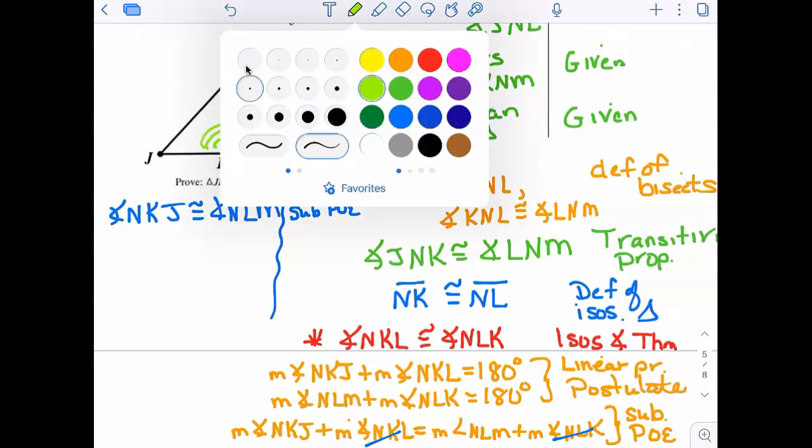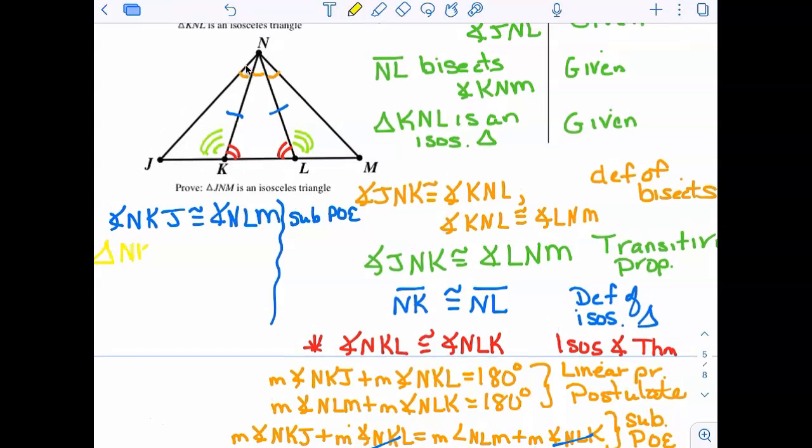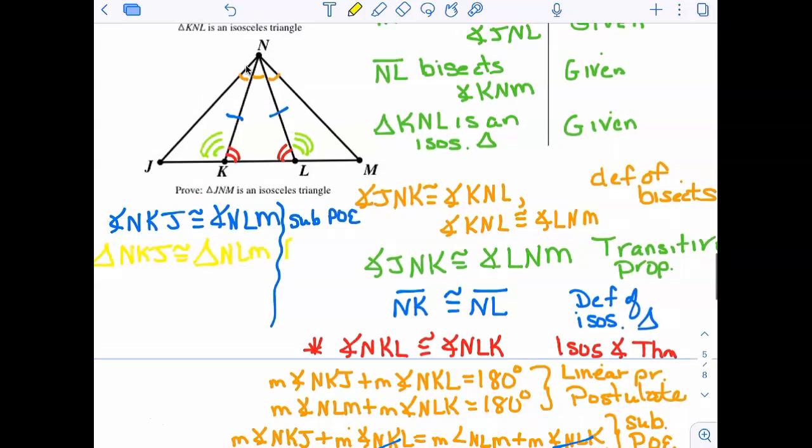So triangle NKJ is congruent to triangle NLM, and that would be by angle, side, angle. And now that I've stated that these two triangles are congruent, we can state these two sides, okay, NJ and NM, we can state that they are congruent.